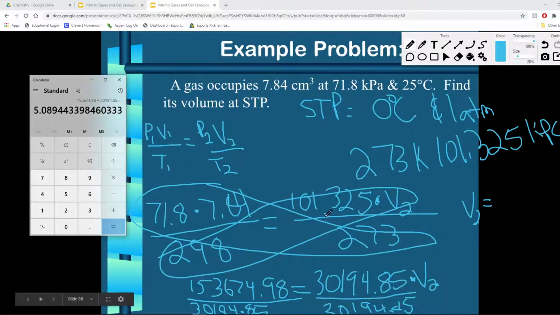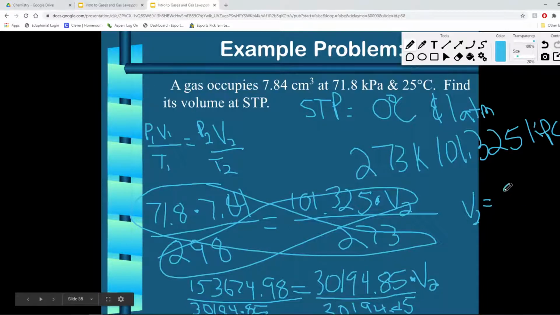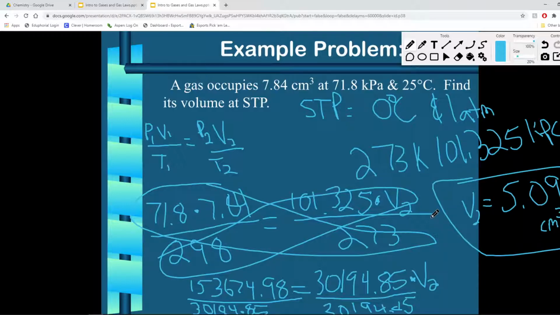So this one gets a little bit complicated because you end up working with these really big numbers. But it comes out as 5.09 cubic centimeters. All right, and that kind of makes sense, right?